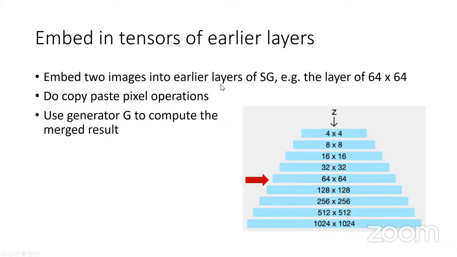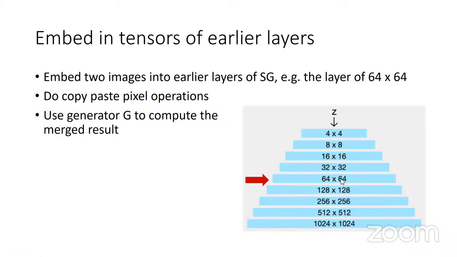What we want to do is maybe do this pixel copying, but do it using earlier layers of the GAN. If you see a generator network here, then maybe we can do some partial embedding, or activation map embedding, into this part of the GAN where the resolution is 64 by 64.